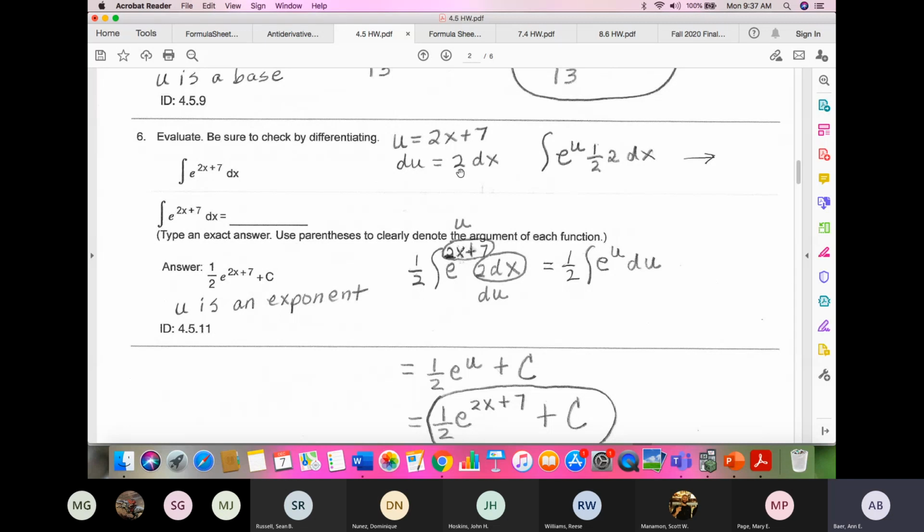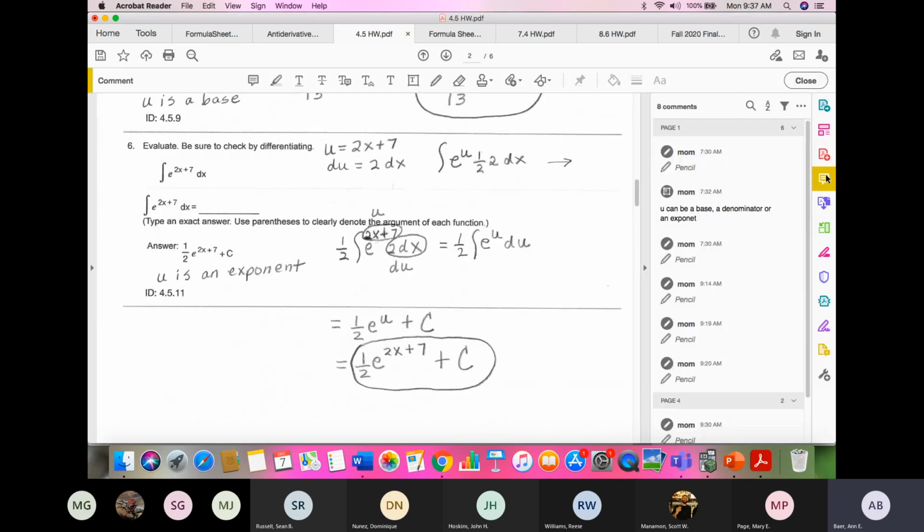And what can we do? You could either do this before, or if you're careful and when you start to get better, understand what's going on, you may be able to do it in one step, but you've got to be real careful because you don't ever want u's and x's in the same integral.